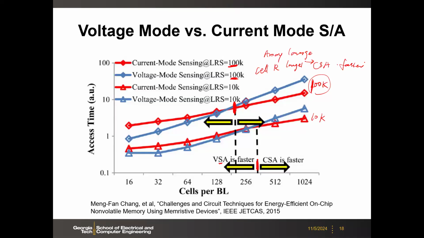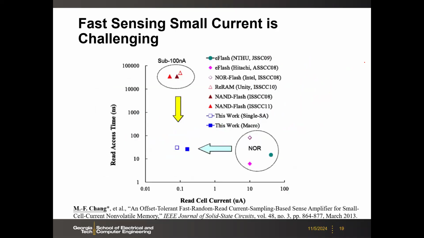So here it's actually difficult to sense small current or very high resistance because the time will be very long. So that's why in the NAND flash, we talk about NAND flash, why NAND flash is slow. Because NAND flash, we have this series resistance in the string, right?